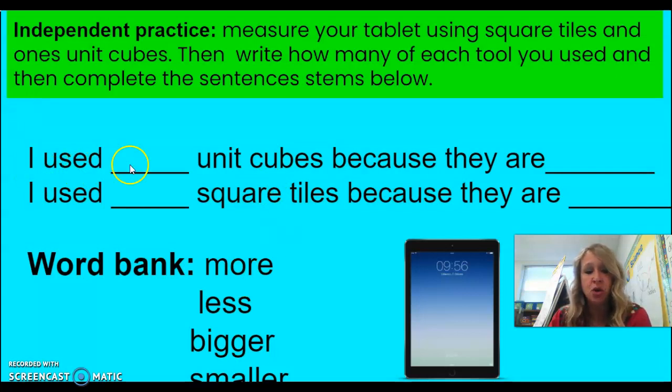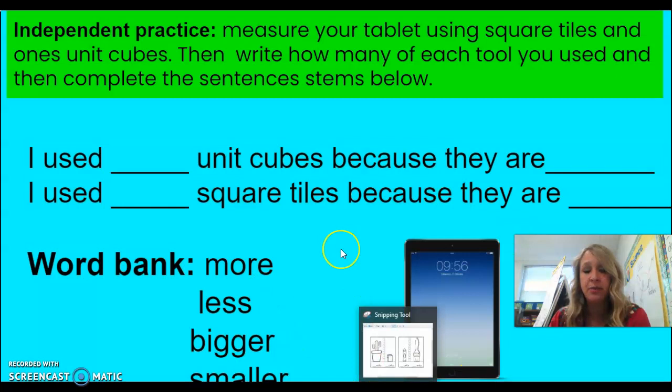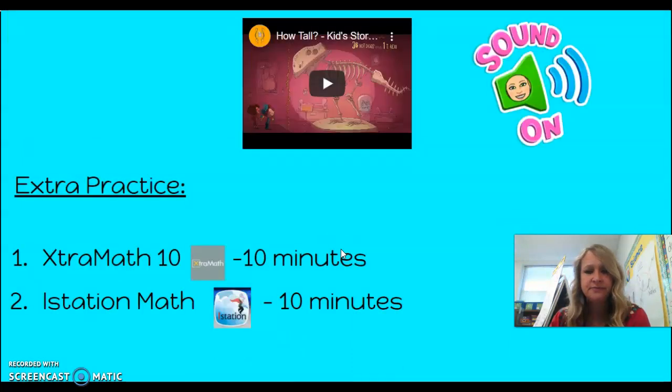I used more unit cubes because they are blank, bigger or smaller. I used blank square tiles because they are bigger or smaller. So you're going to write more or less in each blank or smaller and bigger in each blank. And you're going to measure your iPad, your tablet. Very good. Then you're going to listen to a story called How Tall.